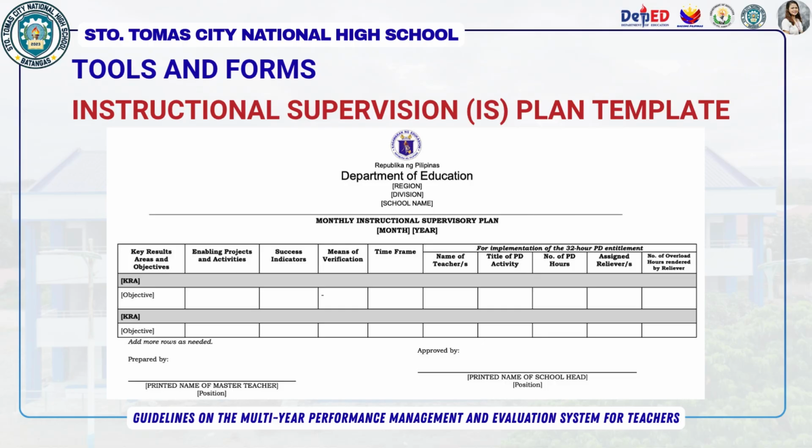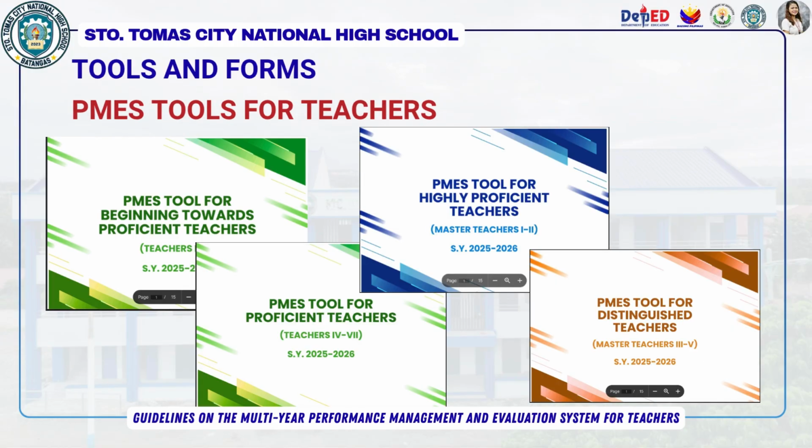The plan details the names of the teachers who will receive the professional development, the type of PD activity, and the time frame. Essentially, it answers the questions: what targeted support are we providing, to whom, and when? This ensures professional development is not random but strategic and aligned to your needs throughout the school year.